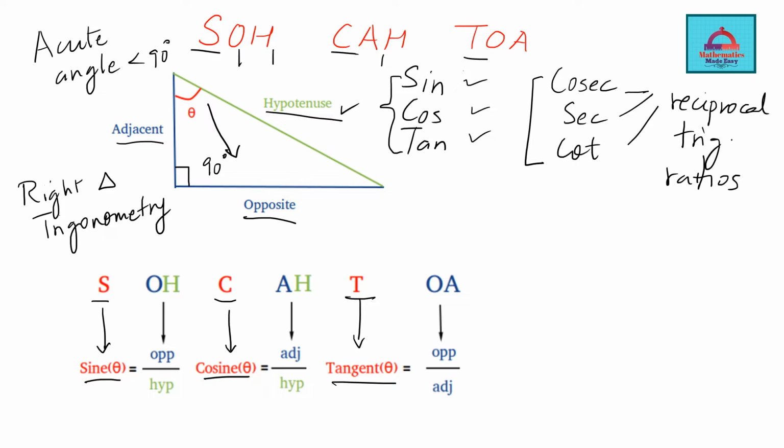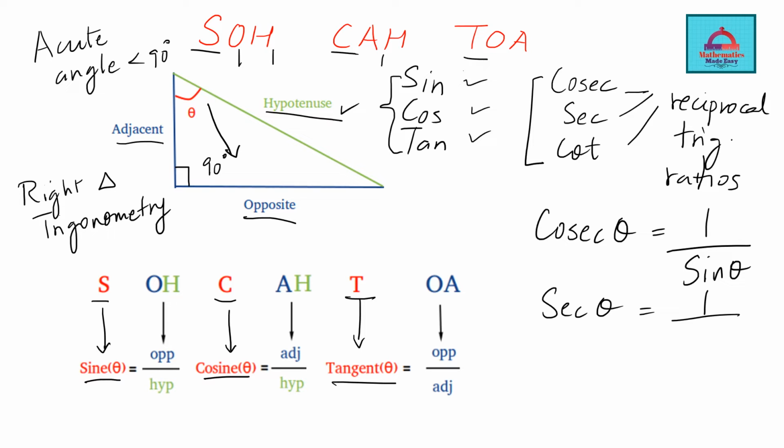So I hope you recall that cosecant, now I'm talking about theta angle, is 1 over sine theta. So cosecant is the reciprocal of sine. Similarly, secant is the reciprocal of cos. And lastly, cot theta is the reciprocal of tan theta. So these three are the reciprocal ratios.